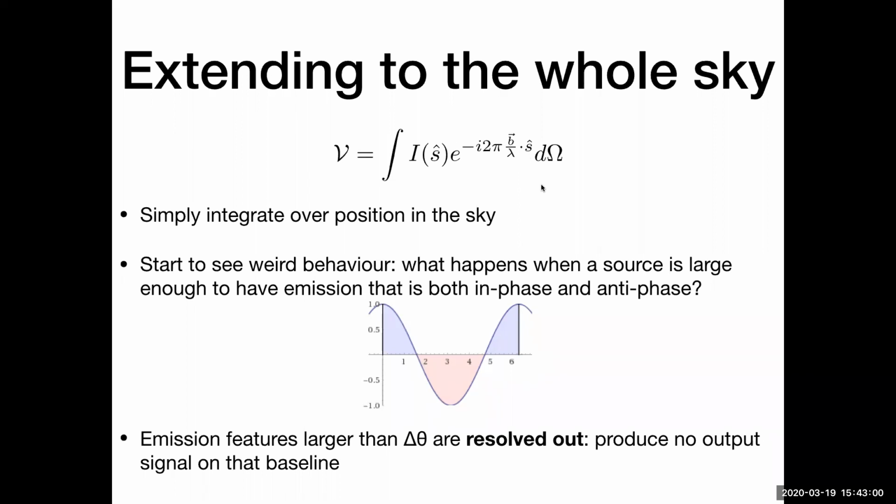Okay, so at this point we have a system where we have a baseline with the 2 telescopes. We measure this visibility, and it encodes some position information in its phase.